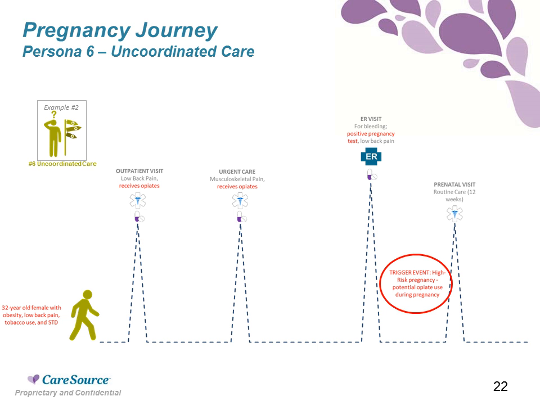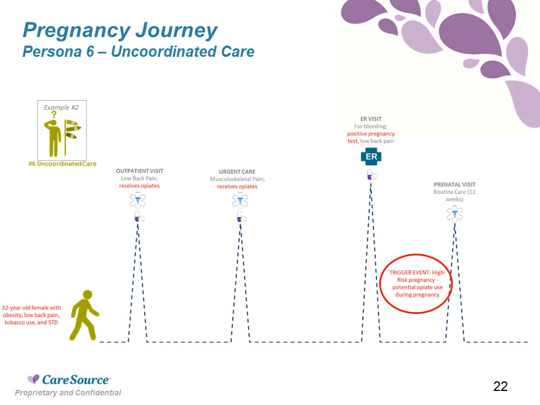And then in the next event, she was actually going to the ER for bleeding and low back pain. While she was at the ER, they did a pregnancy test and discovered that she was pregnant. She was unaware of her pregnancy.